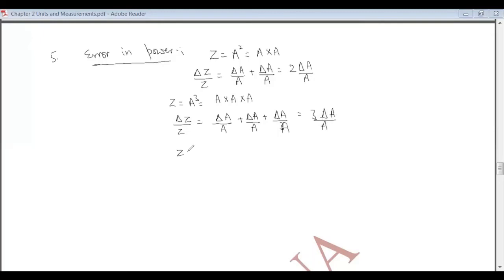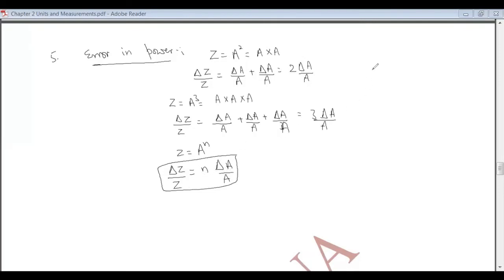Now if z is equal to a raised to the power n, here we are seeing that the power is multiplied by the relative error. If the power is n, then the relative error in z will be equal to n delta a upon a. So the power will be multiplied to the relative error.